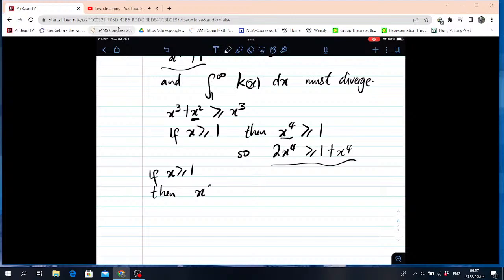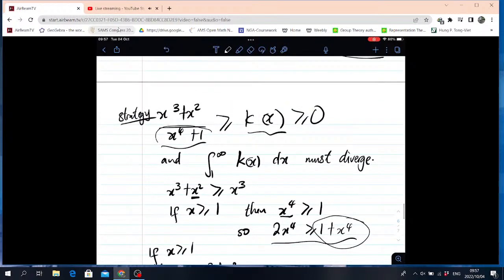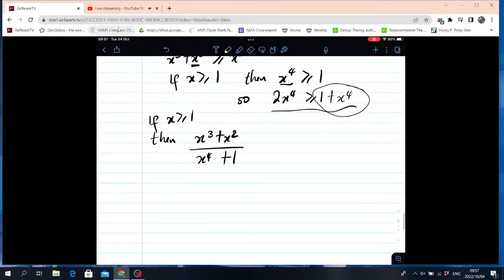So x to the 3 plus x squared over x to the 4 plus 1. So what I created here was the denominator, right? So this is going to be greater or equal to, so the numerator is greater than that. And then remember that the denominator, which is that, is less than or equal to that.